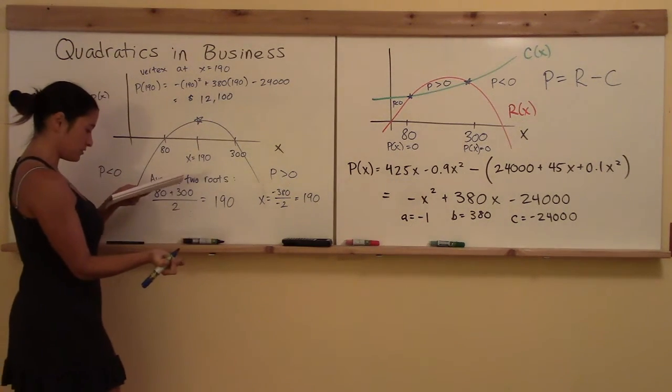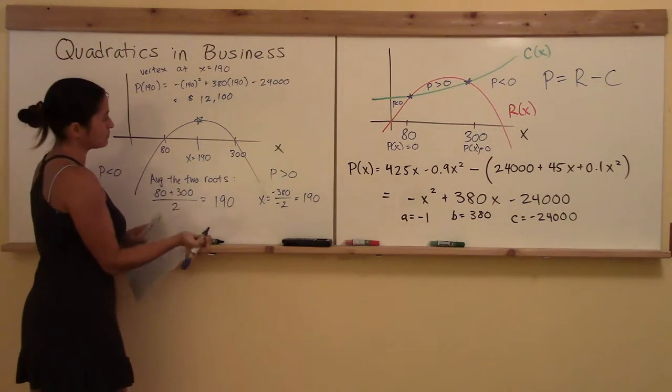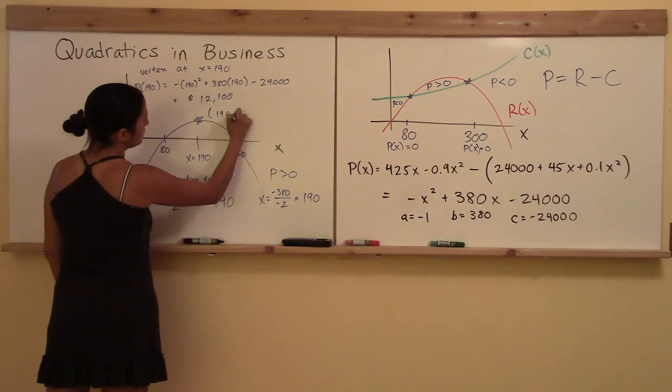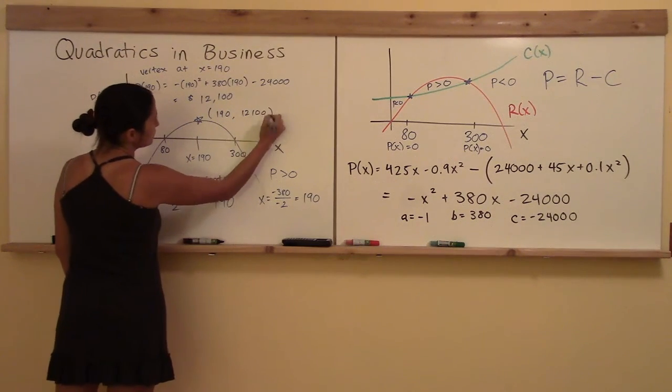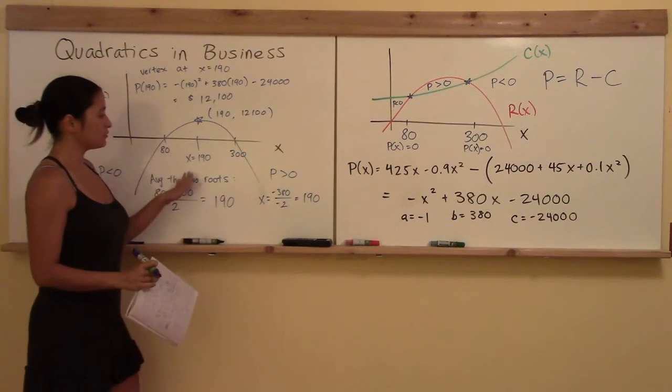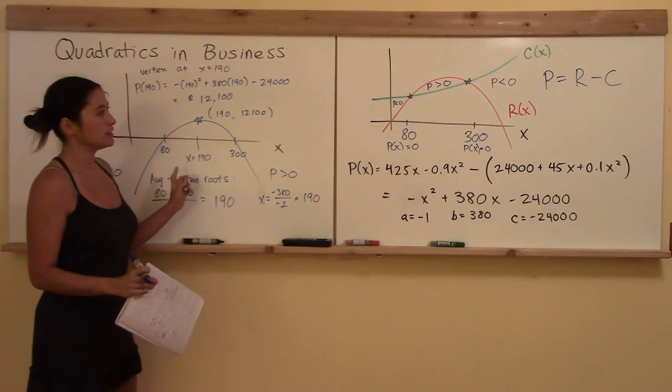Okay, so $12,100 is my maximum possible profit, which is to say that this vertex is located at 190, comma, 12,100. Okay, so there you have it. That's where my maximum profit is located.